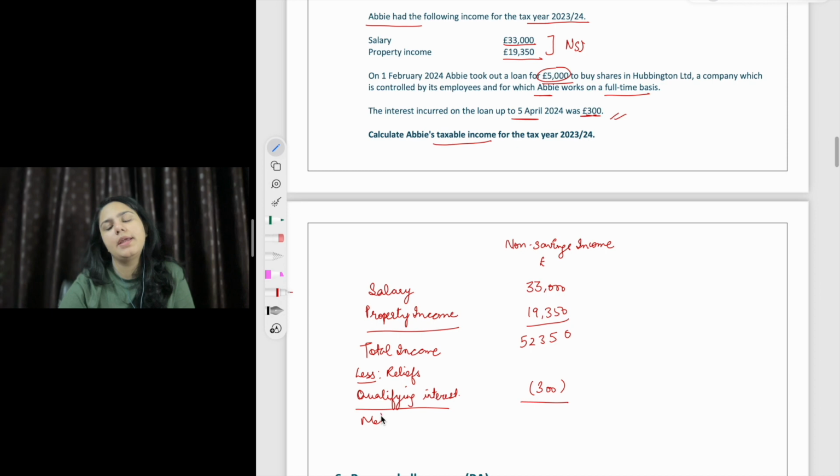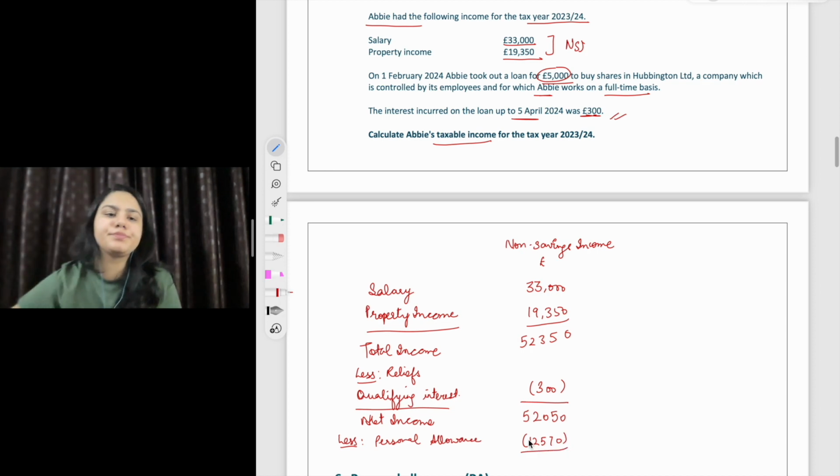I will get my net income as 52,050, and then I will subtract my personal allowance of 12,570 to get my taxable income.